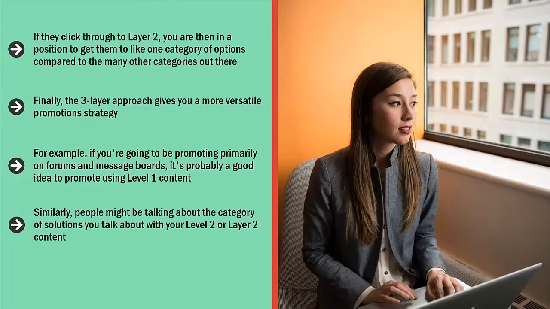Finally, if you have a Twitter account and you are targeting certain hashtags, you can rotate in your level 3 content because you can assume that a significant number of people following you already know what options are out there and they're looking for a specific comparison of products regarding the category of solutions they are already sold on. Do you see how this works? Using a 3-layer content marketing approach enables you to work with existing demand and traffic. You're not reinventing your content each and every time you come across a potential traffic source.